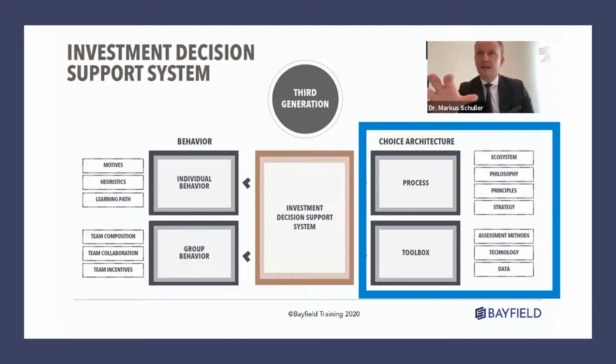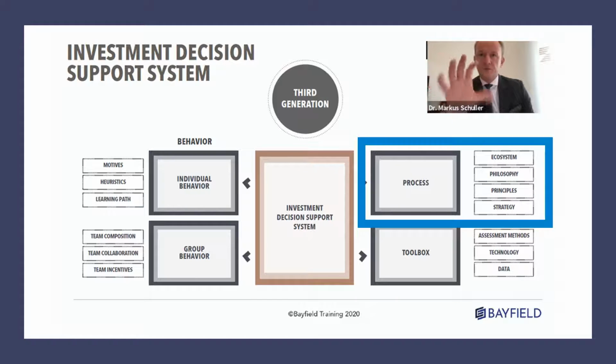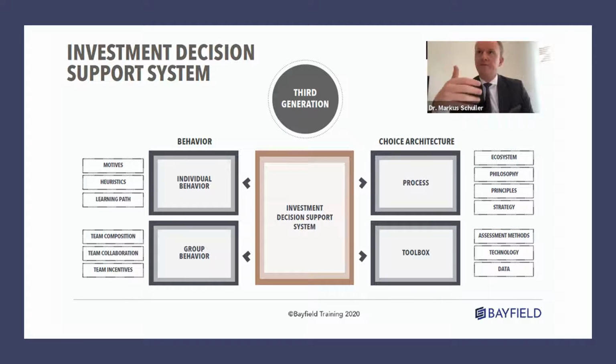The choice architecture consists of procedural aspects, and they are rather commonly known, right? It matters what my investment philosophy is for my portfolio in general, but also for a particular asset class. What are the principles I follow? What's my investment strategy? Depending on how explicitly I have defined those, it gives me strategic guidance into an investment decision.